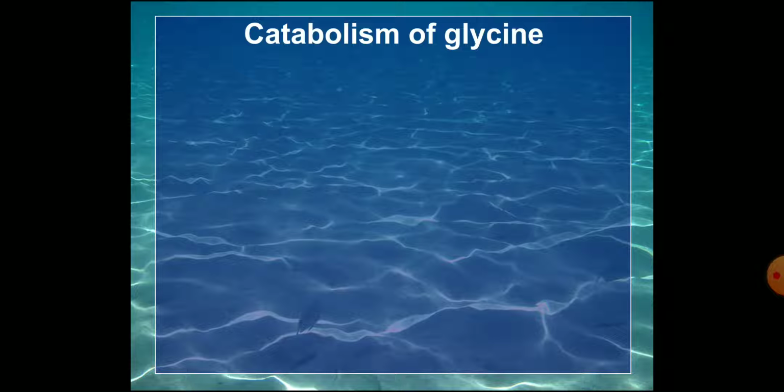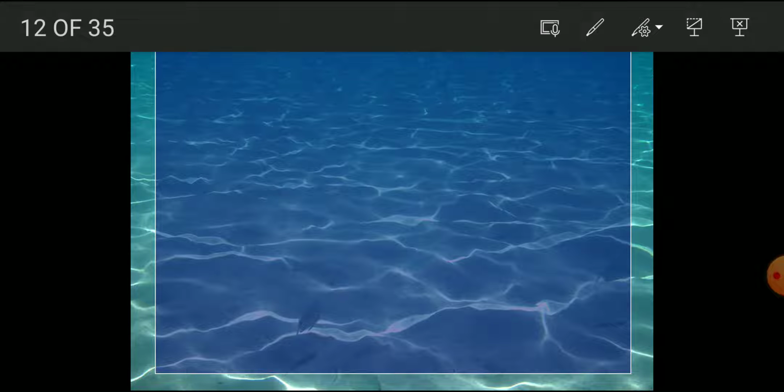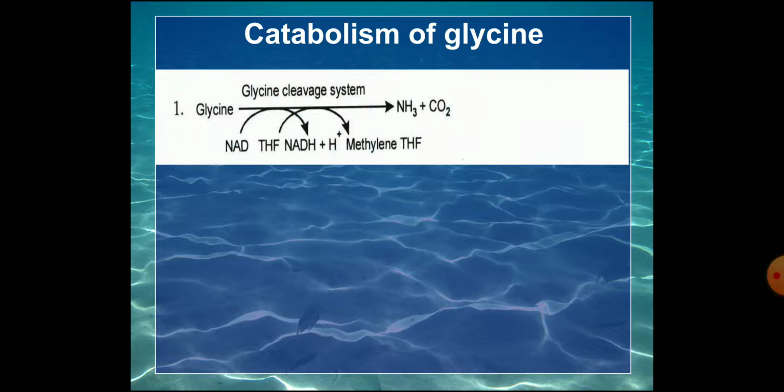Now how does the catabolism occur? Just like any other amino acid synthesis, there is also catabolism. We have noted that glycine is produced from ammonia and carbon dioxide by the glycine synthase enzyme. The same enzyme, it is a reversible reaction. Glycine can be converted to ammonia and carbon dioxide by the reversal of glycine synthase, that is the glycine cleavage system.